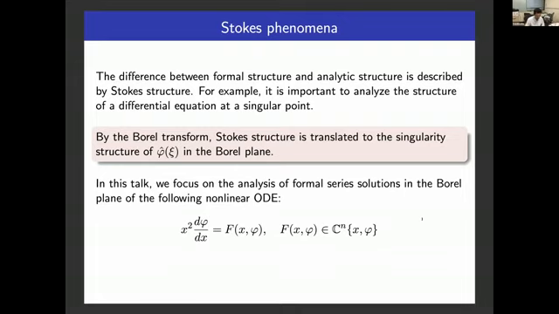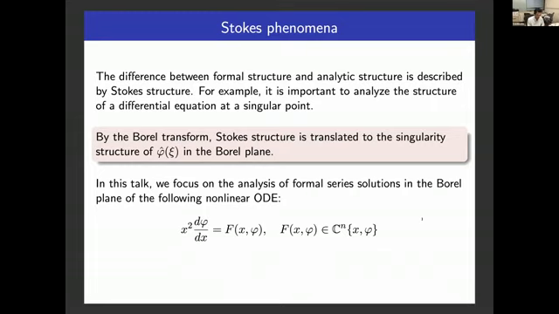So in a sense, Stokes structure is a little difficult to analyze directly. But using the Borel transform, we can translate the structure to the singularity structure of phi hat xi in the Borel plane. And so our analysis is translated to the singularity structure in the Borel plane. And so in this talk, we focus on the analysis of formal series solutions in the Borel plane.